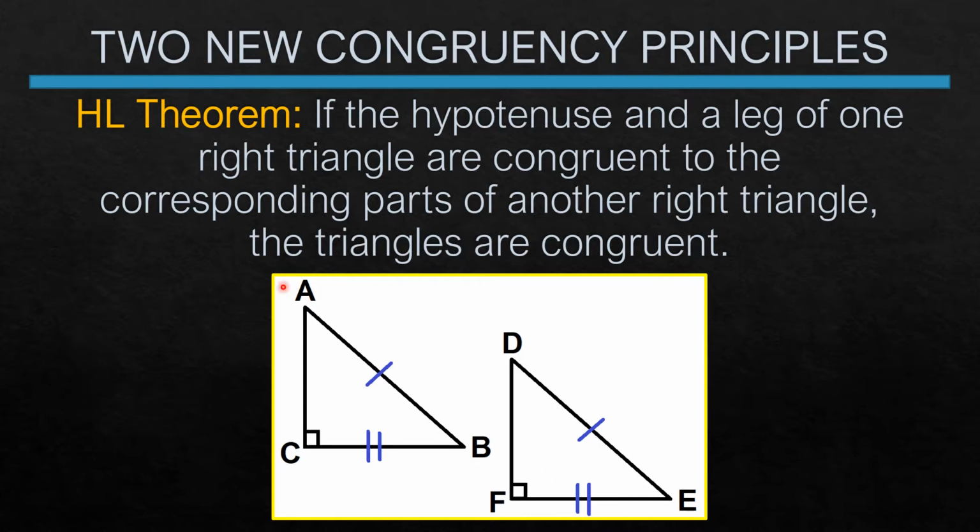Observe that the hypotenuse and one leg of triangle ABC are congruent to its corresponding parts in triangle DEF. Thus, we can say that triangles ABC and DEF are congruent. Again, remember that for the HL theorem to be used, see to it that the two triangles are right triangles.